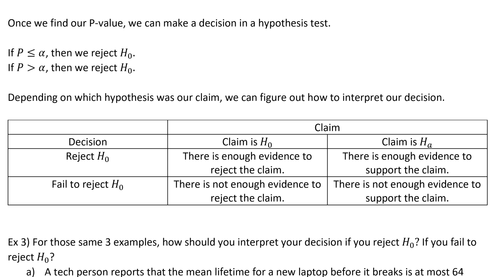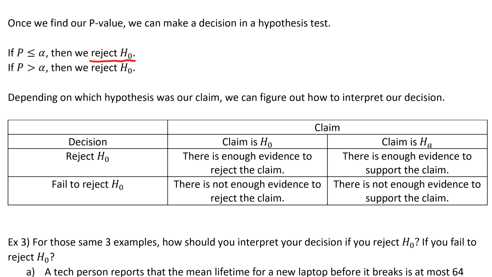All right, so that alpha is the level of significance. So if p is less than or equal to that alpha, then we reject the null hypothesis. If p is greater than alpha, then we fail to reject.